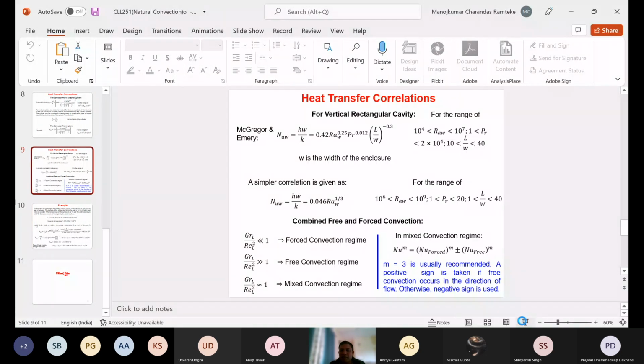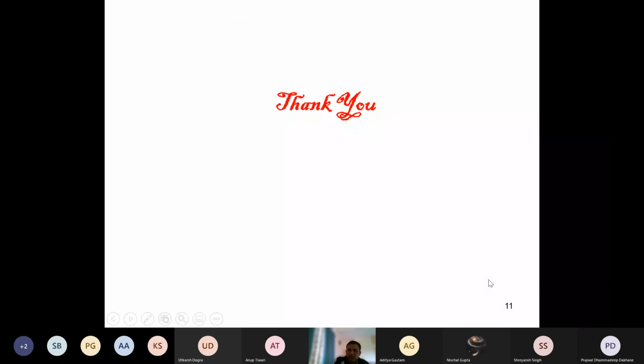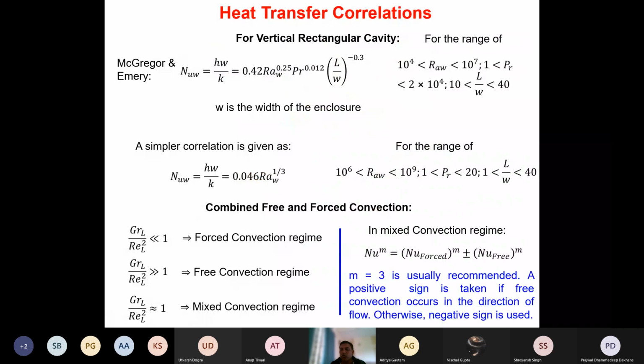When both the regimes are present, in that case, the heat transfer coefficient can be calculated using this particular formula, isn't it? So you will see that your heat transfer coefficient will be much higher compared to what we are calculating now. Does it make sense to everyone?